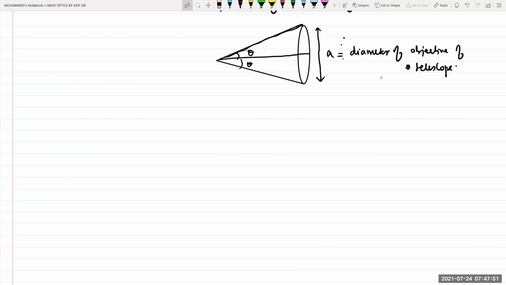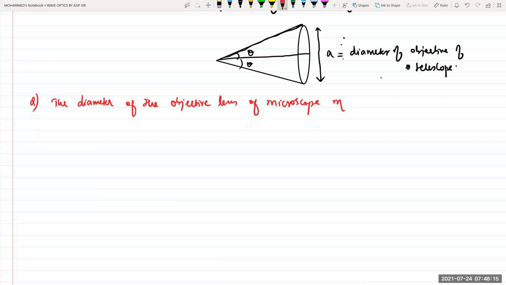I have written a small question on optical instruments. This was asked previously in a competitive examination. The diameter of the objective lens of a microscope makes an angle beta, so instead of theta they have given beta here, at the focus of the microscope.